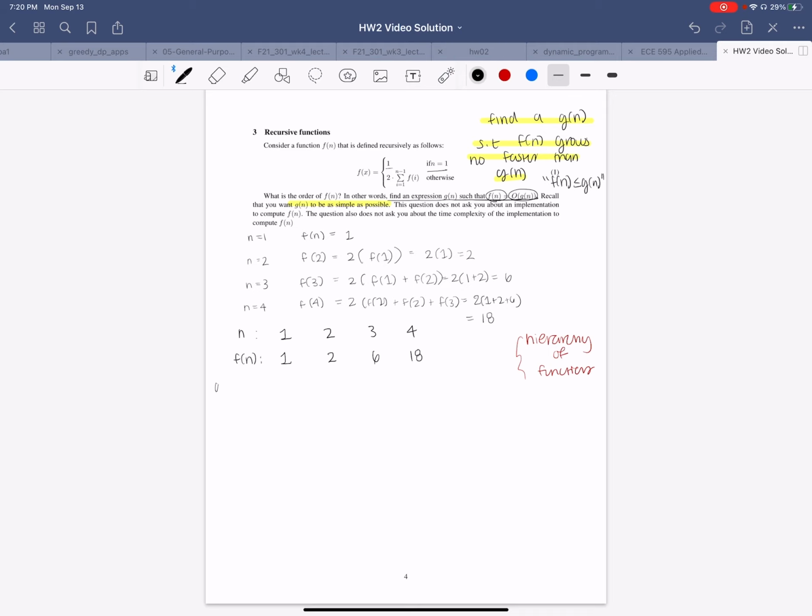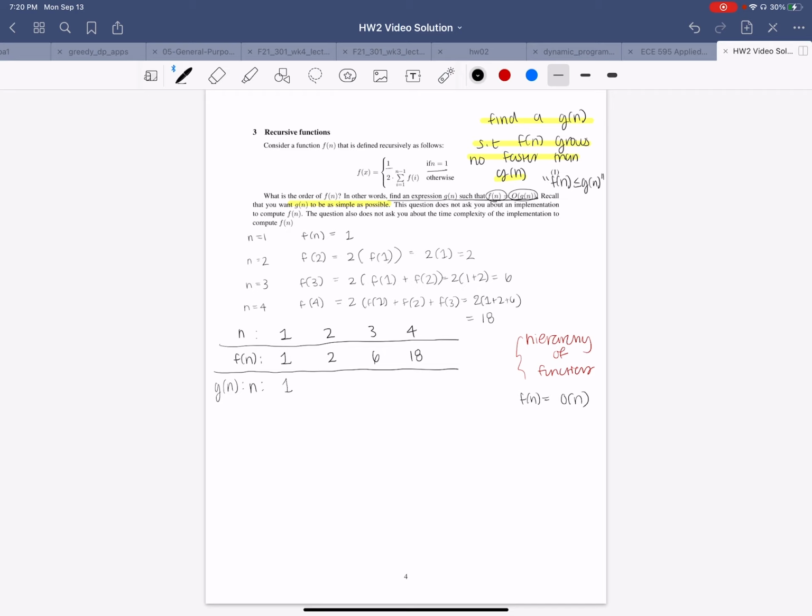We can try out some sample g of n's here. So let's say my hypothesis is that g of n is n. So by making this statement, I'm just trying to say that f of n is equal to big O of n. So that means that f of n grows no faster than n.